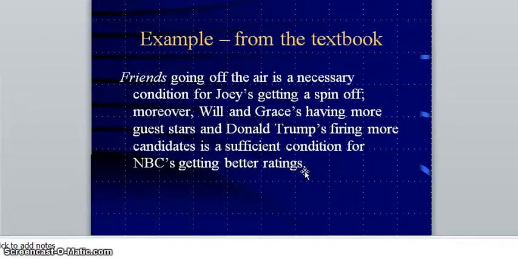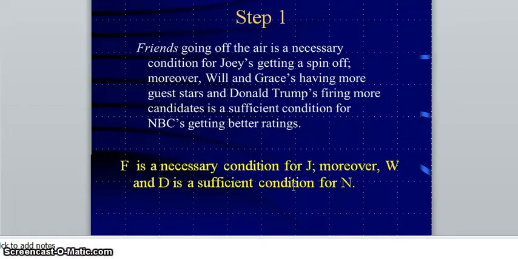Friends going off the air, that's the old TV show, Friends, going off the air is a necessary condition for Joey's getting a spinoff. Moreover, Will and Grace having more guest stars and Donald Trump's firing more candidates is a sufficient condition for NBC's getting better ratings. So let's look at how this looks. Here it's written up so you can reference it.